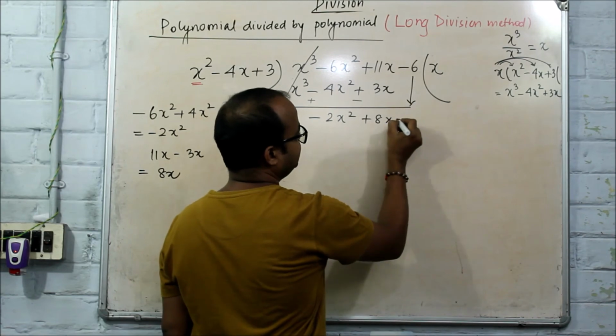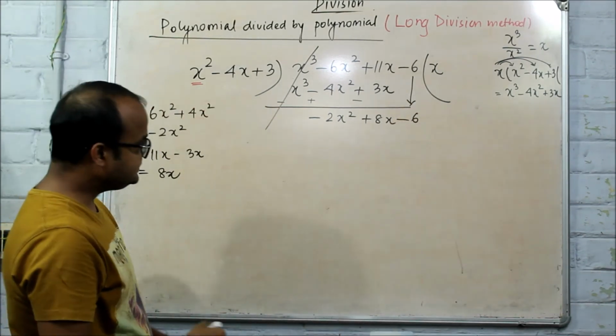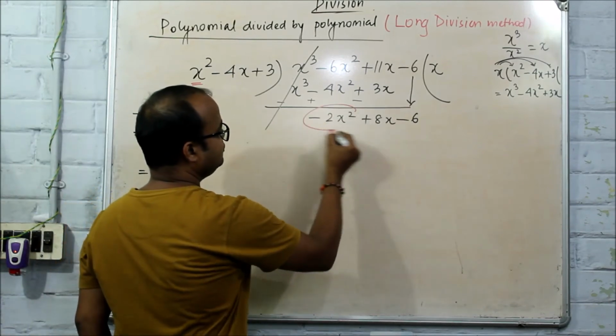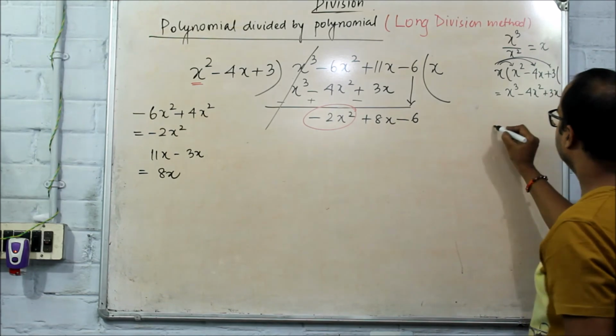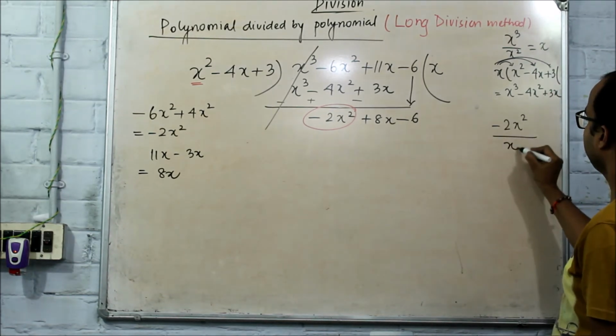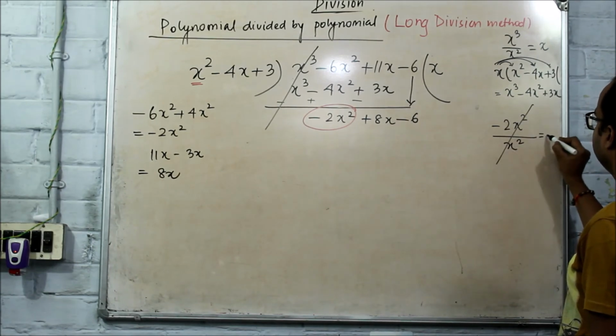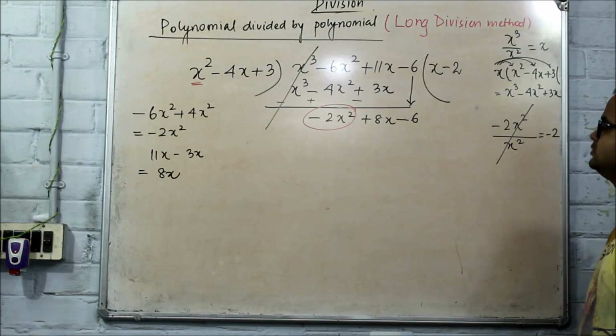Same way we carry this term minus 6. Now at this step leading term is minus 2x square. So minus 2x square by x square, x square cancels. So you are getting minus 2. So here we write minus 2.